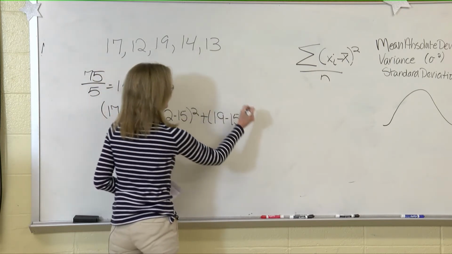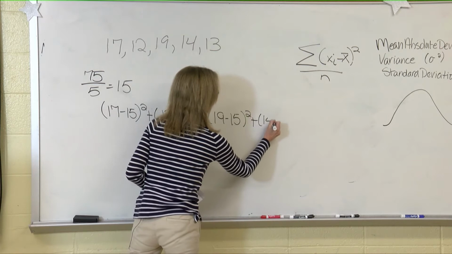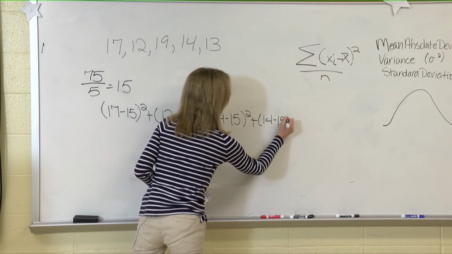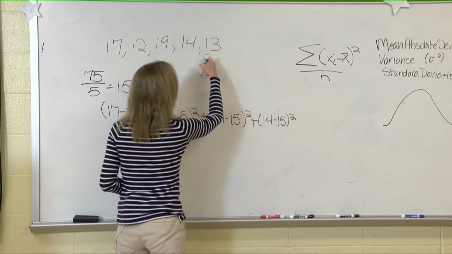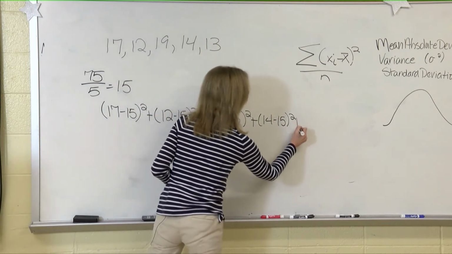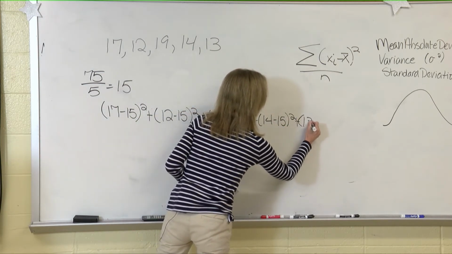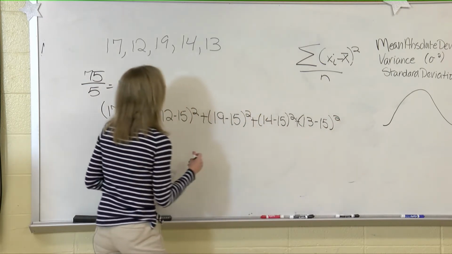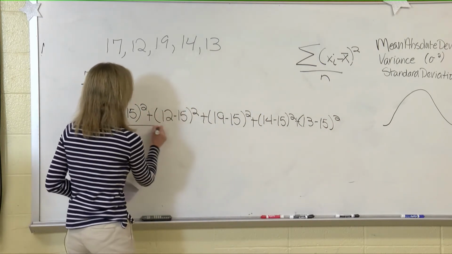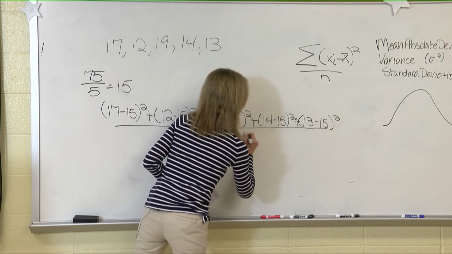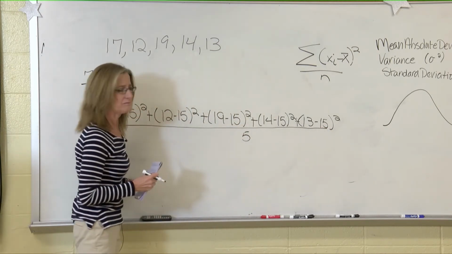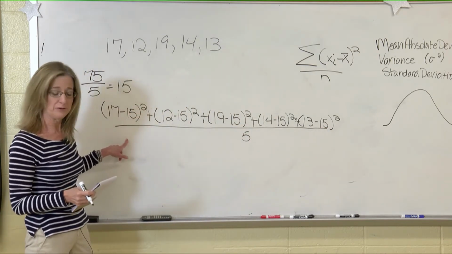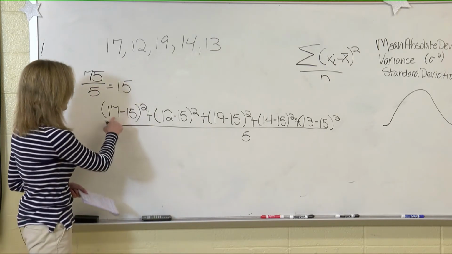The next point, 14 minus 15 squared, and then add the final point, 13 minus 15 squared. Once again, my total number of data points is 5. And then all I do is go through and do the math.